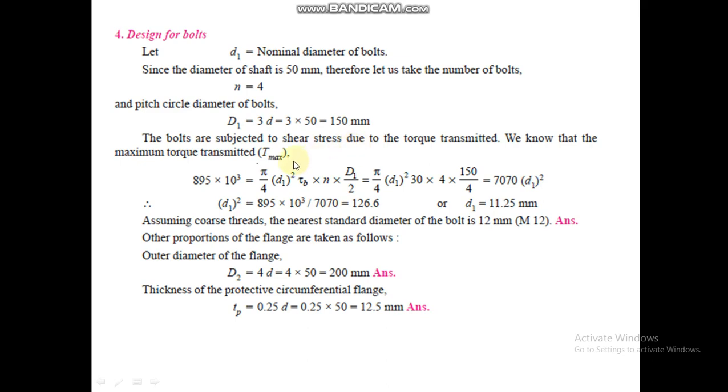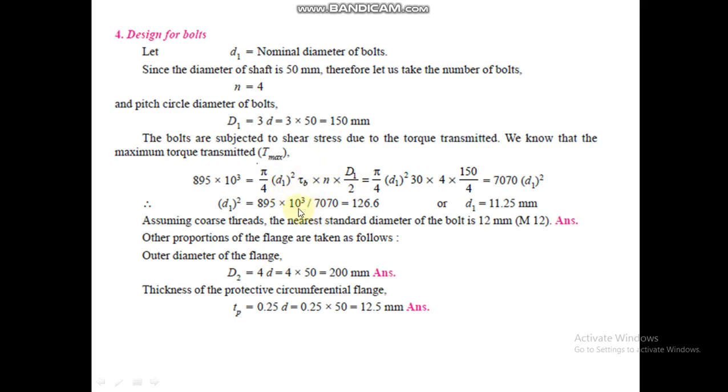We know that the maximum torque transmitted is torque is force into radius and force is area into stress. So area is π/4 d1² into τ into n, where n is the number of bolts, and d1/2 will be the radius. Put the values of diameter, torque, number of bolts and pitch circle diameter and you will get the value of shear stress for the bolt.